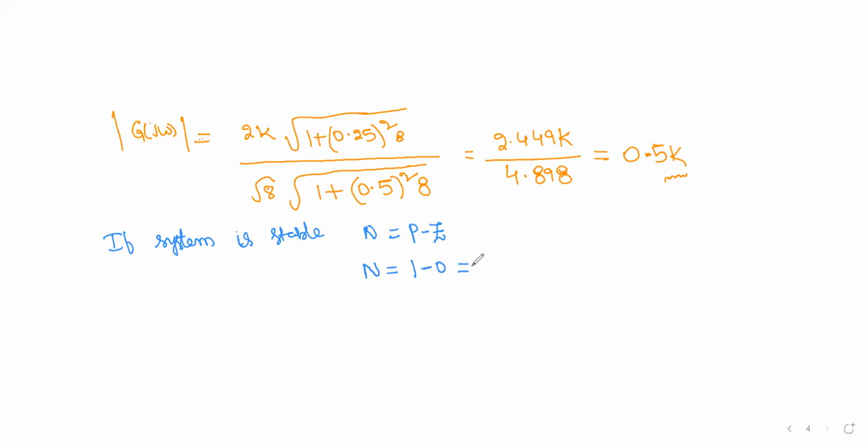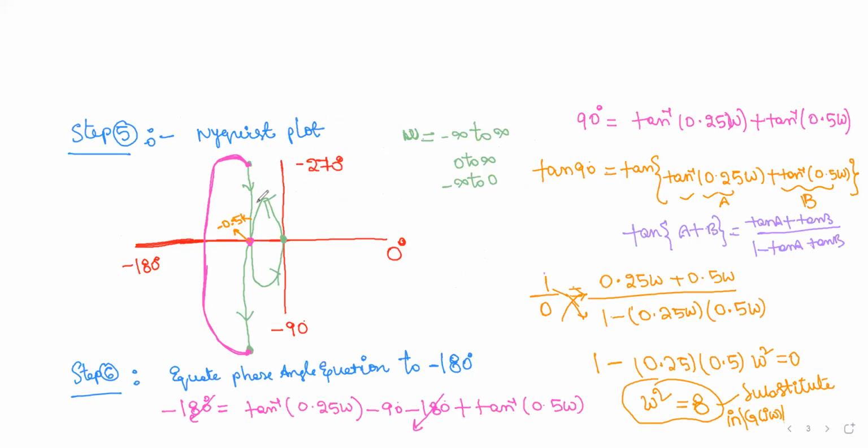So N equal to 1 means only one encirclement should happen. If it is inside the circle, then only the given system is stable. So when compared to this point, this point is outside.